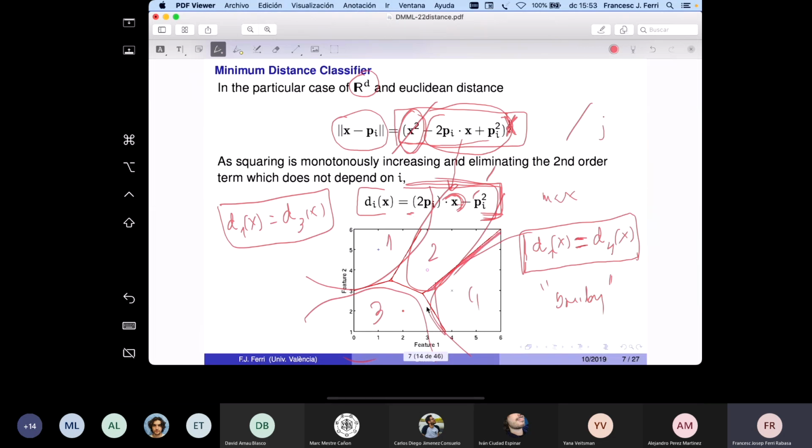And the shape of these boundaries depends on how the classes are distributed here. Some boundaries are active, like this 1, 3, or this 1, 2, but not, for example, the boundary between 1 and 4, because it's never used. Okay?